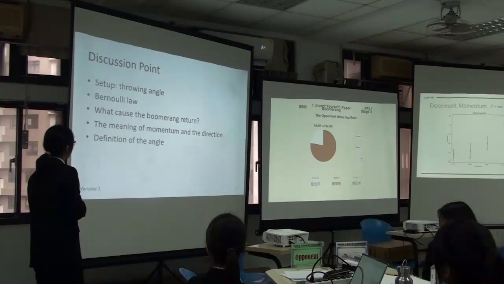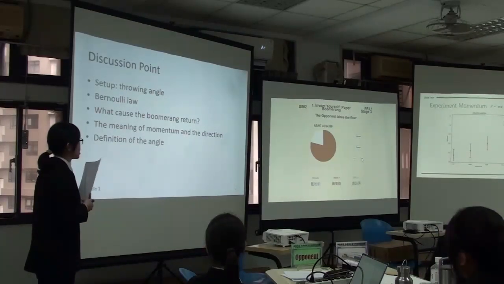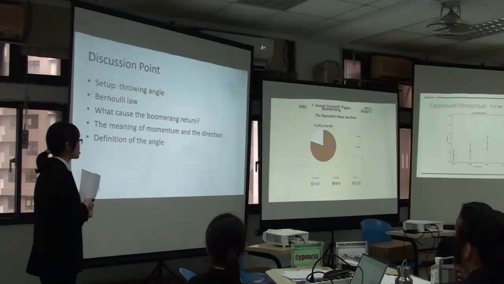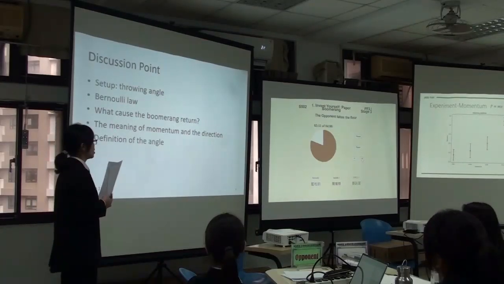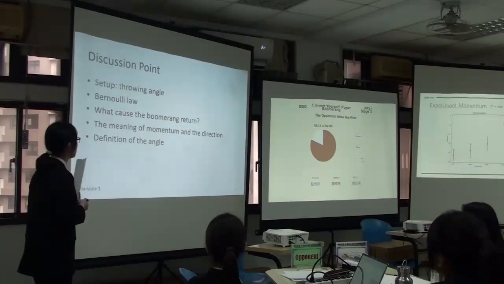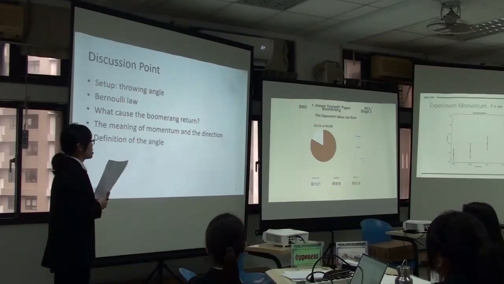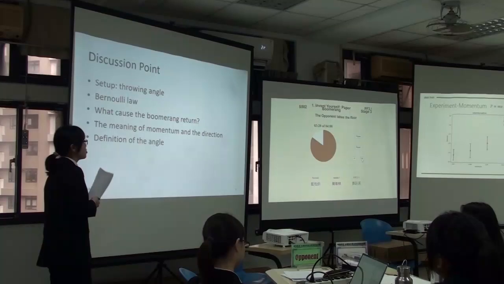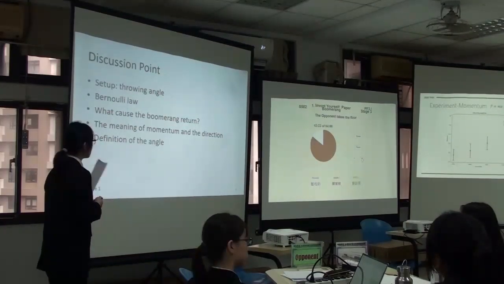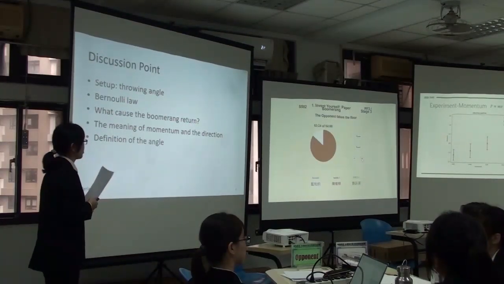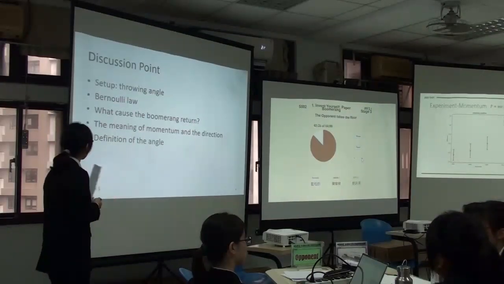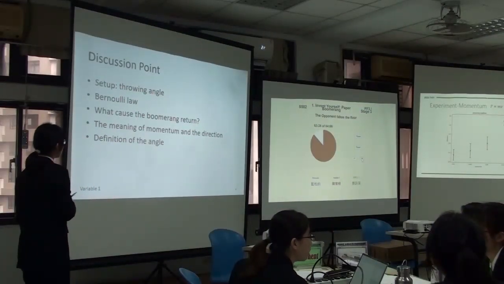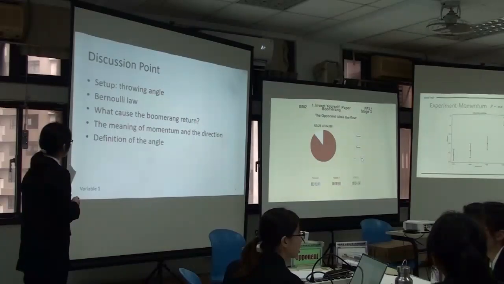The next one is what caused the boomerang to return, because I didn't see anything about the return in the presentation. Then the meaning of the momentum and its direction, because they discuss the momentum but didn't define the direction. They just measured the value. And the definition of the angle.